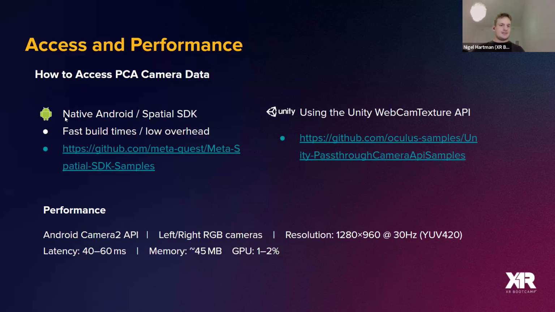The native Android spatial SDK is quite nice to have fast build times. You can build the application in seconds, because that's also actually a limitation you always need to think about. You can't use Meta Horizon Link, like I was showing you in the development for XR before. No, you always need to build an APK to send it directly to the device.